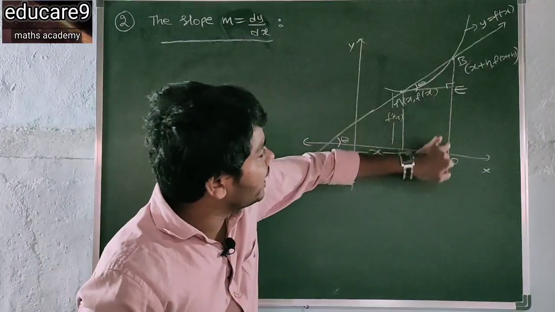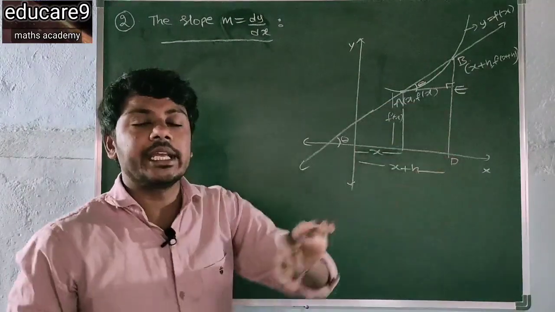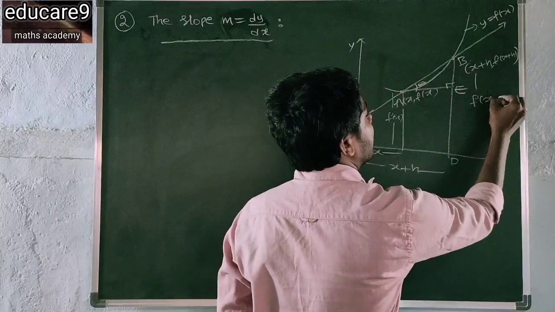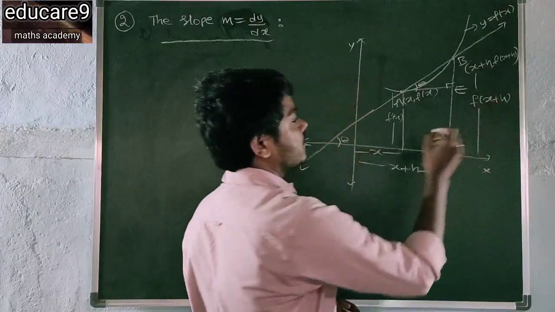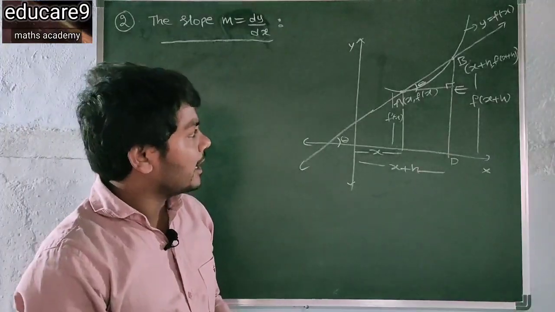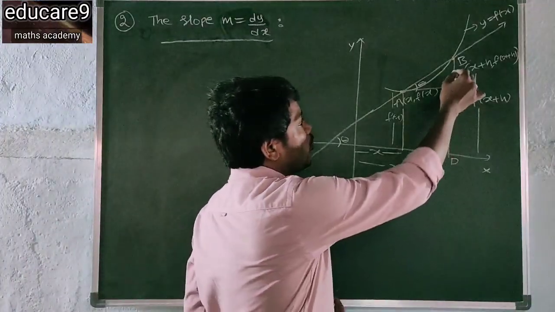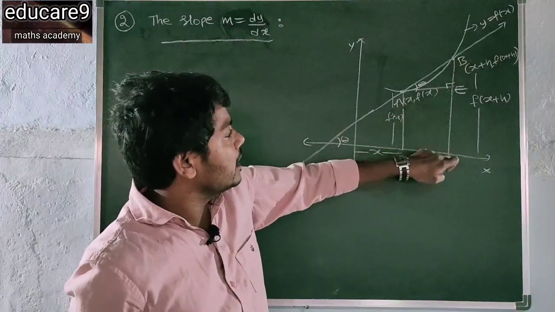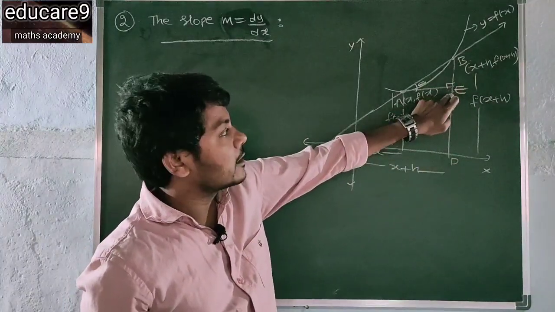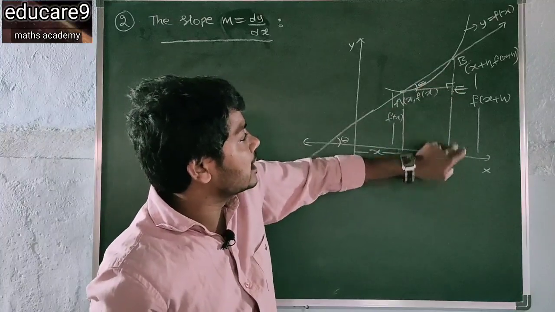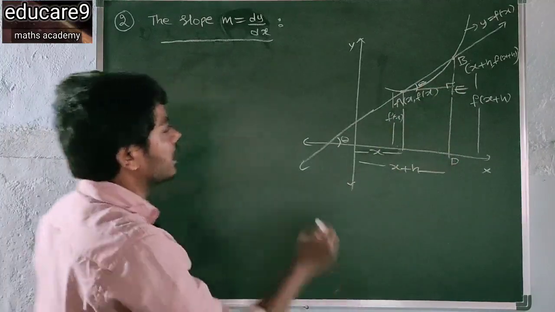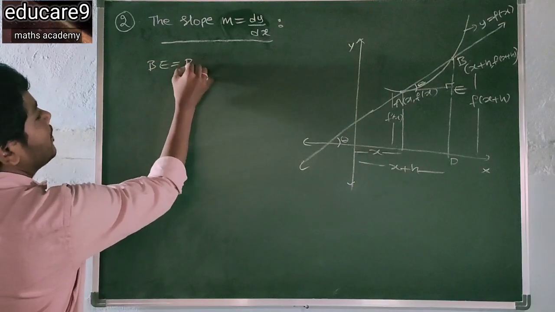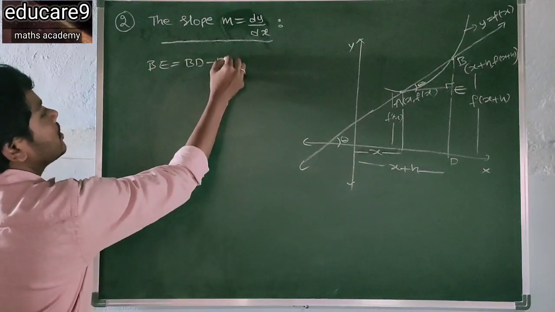Now what is the BD length? That is the vertical distance, so f of x plus h. Okay. And what is the BE length? So here BE is written as BD minus DE.